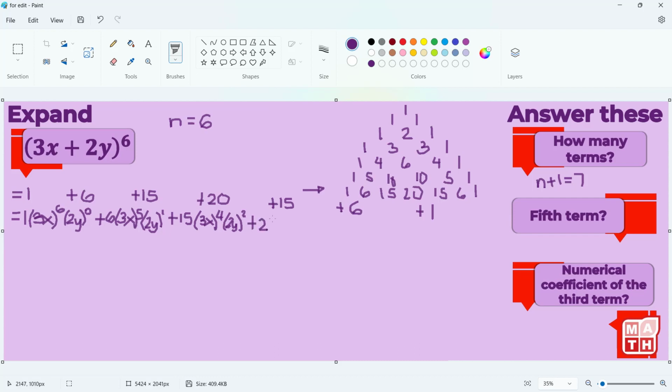Plus 20, okay, times 3x raised to 3. Sorry, 3 rather. And you have here your 2y raised to 3. By the way, here's the hint so that you will be guided with what your steps are. Look at the exponents: 6, 0, 5, 1, 4, 2, 3, 3.